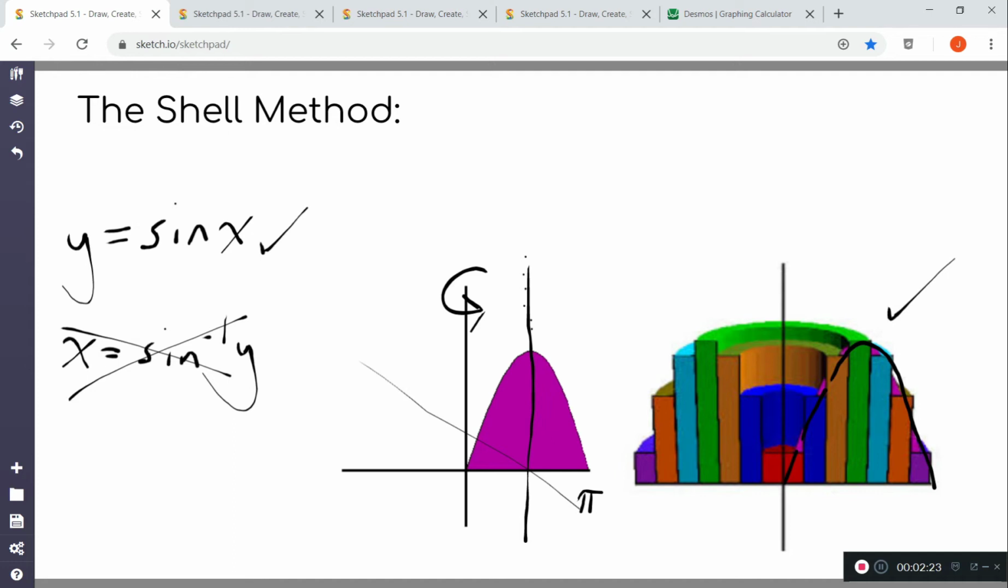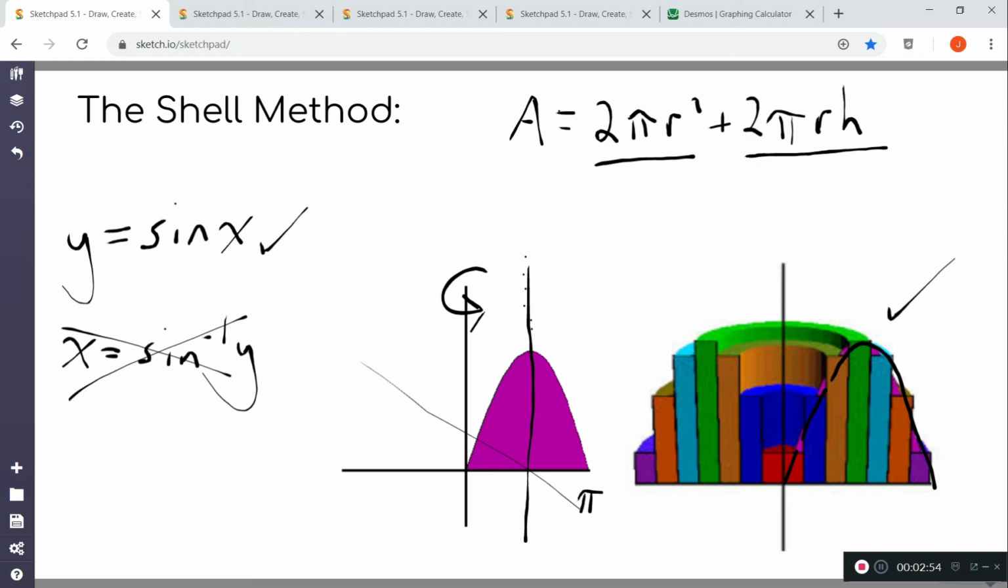So if we remember the formula for the surface area of a cylinder, it is 2 pi r squared plus 2 pi rh. We've talked about this before. The 2 pi r squared portion references, for a standard cylinder, the circle at the top and the circle at the bottom, whereas the 2 pi rh refers to the lateral area.